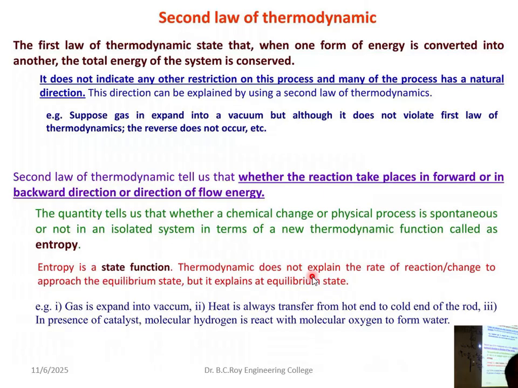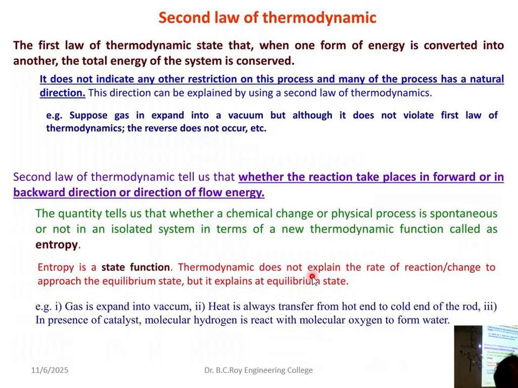Another law is that the total entropy of the universe is always rising. Entropy is enhanced. Energy is conserved, but not the entropy. What is entropy? It is the chaos or randomness of the system. A lot of examples are there. You take a pinch of salt and dissolve it into water.